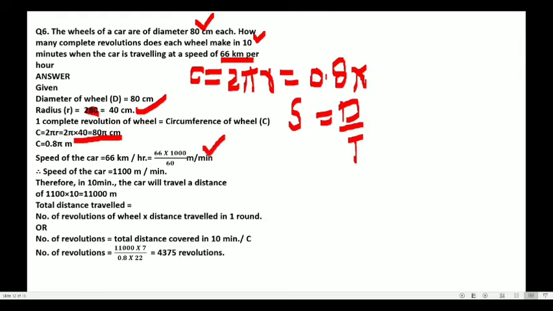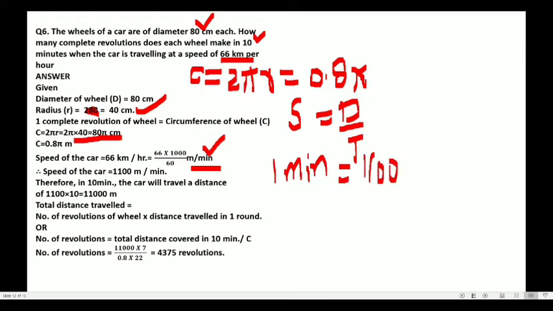I have converted it into meter per minute. So 66 into 1000 will convert into meters per hour, and dividing by 60 converts it into meters per minute. So the speed is now 1100 meter per minute. This is the distance covered in 1 minute.